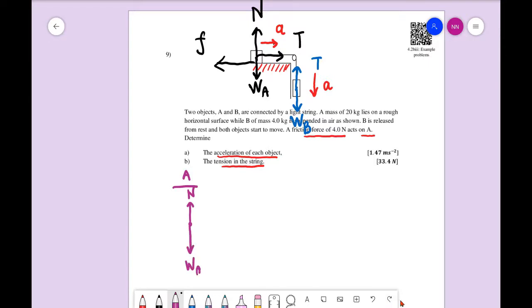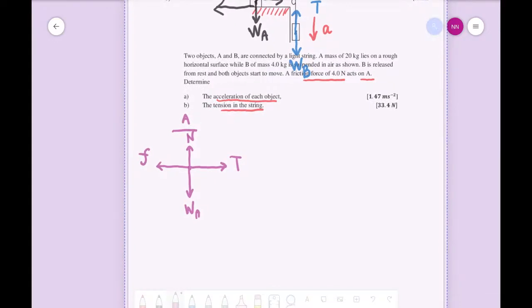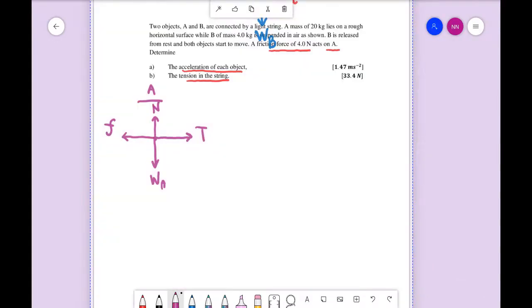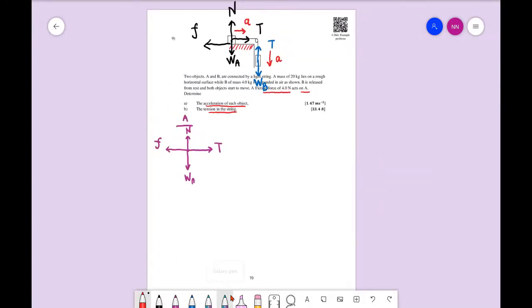This is the force on vertical, and then it has tension to the right and friction to the left. Object A moves to the right, accelerates to the right.